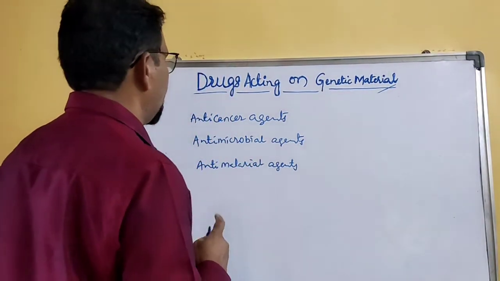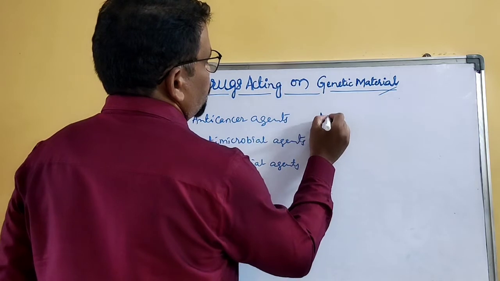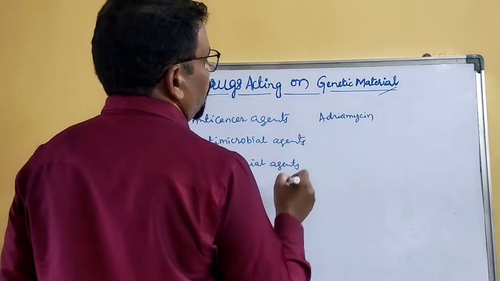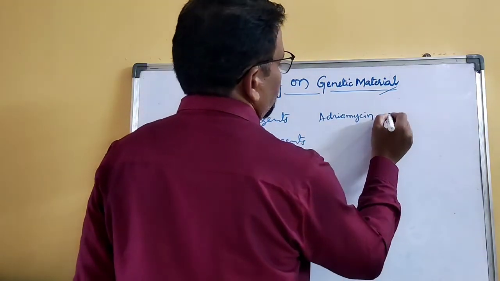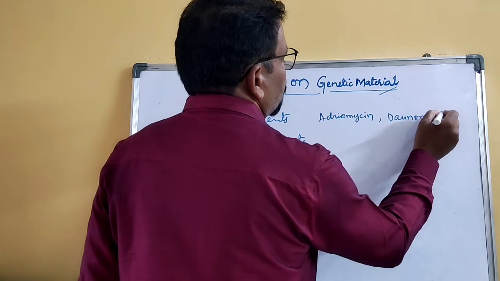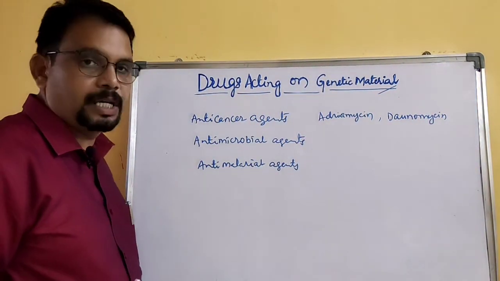Examples for anti-cancer agents: Adriamycin or daunomycin. These are the natural products which can act as anti-cancer agents.